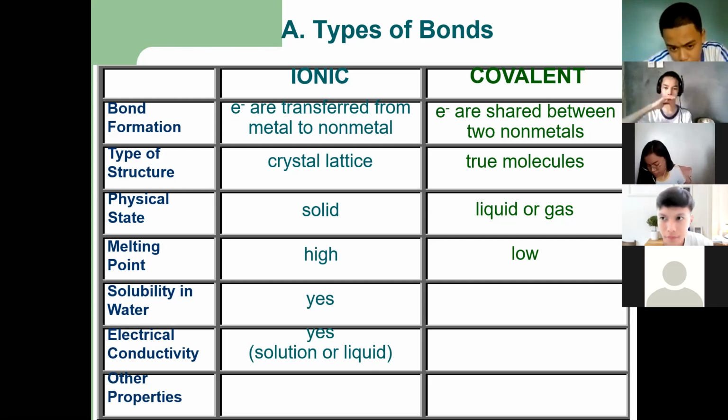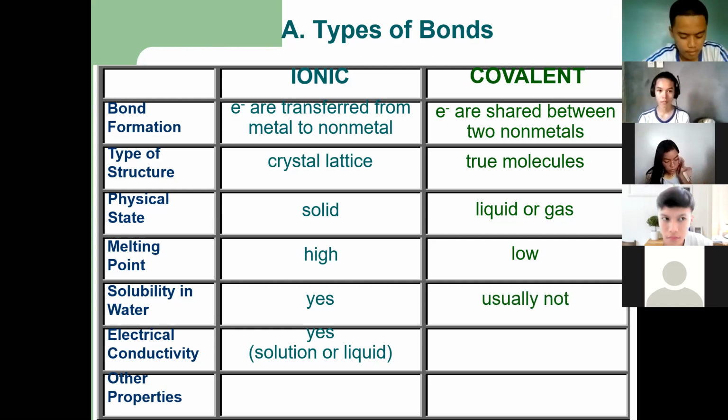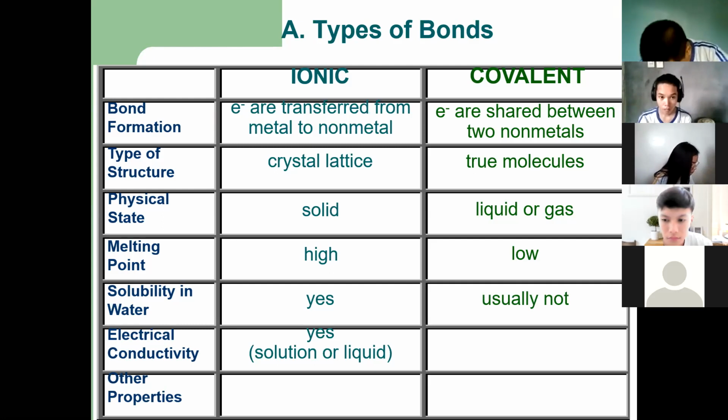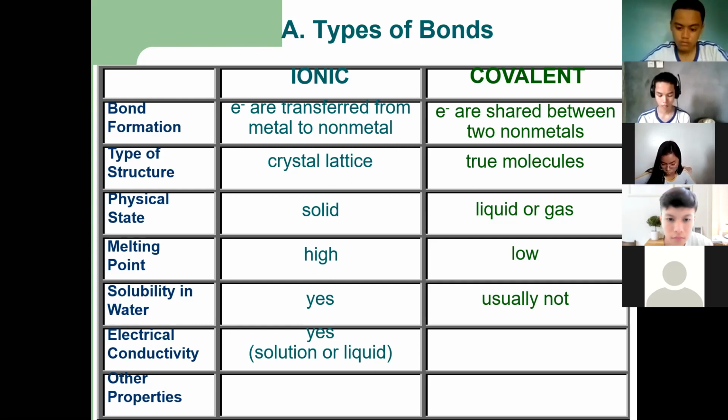Then we have solubility in water. For ionic bond, it is soluble. For covalent bond, probably usually not. Sometimes two liquids are immiscible, meaning they cannot be mixed with each other. An example is oil and water. They are immiscible. Electrical conductivity for ionic bond is yes.